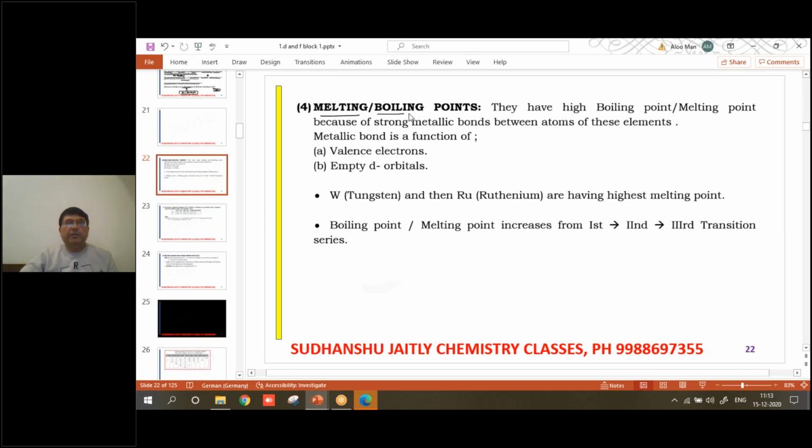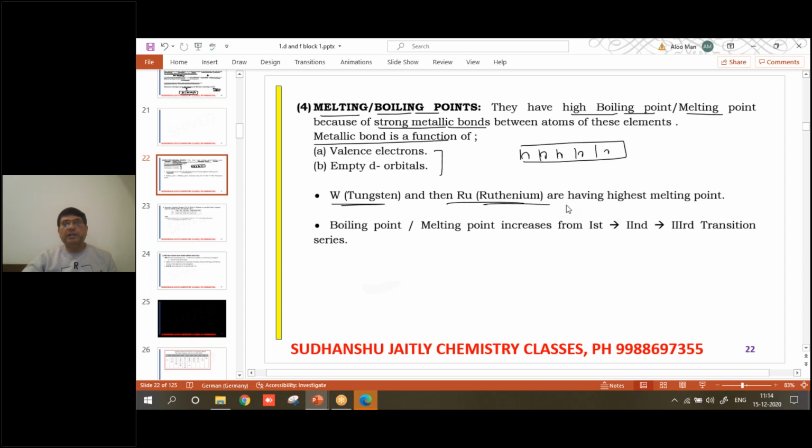The melting and boiling points are high because of strong metallic bonds. Again, metallic bond is a function of metallic bonding, and what was metallic bonding a function of? Valence electrons and empty d orbitals. Presence of one unpaired electron per orbital favors high melting point.